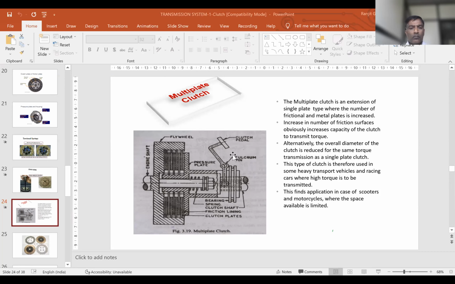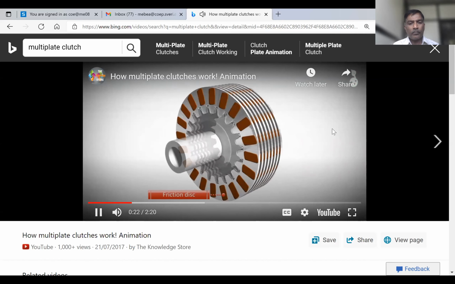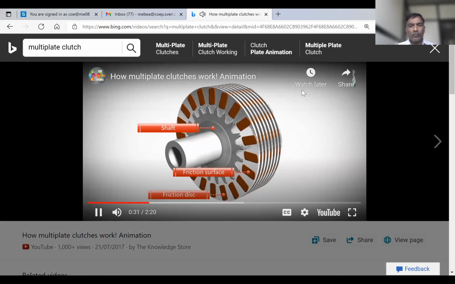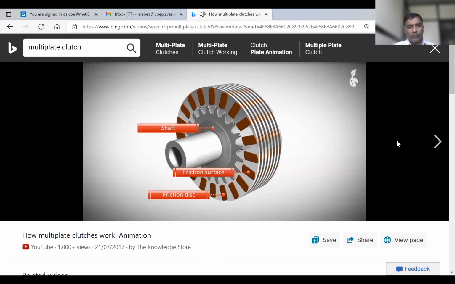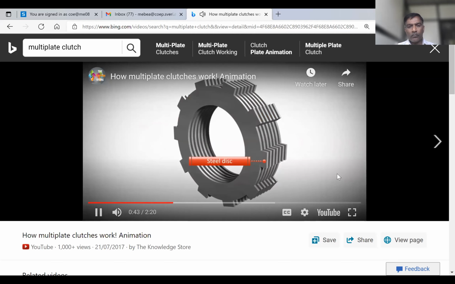Multi-plate clutches are friction clutches. Friction disks sit in the basket.